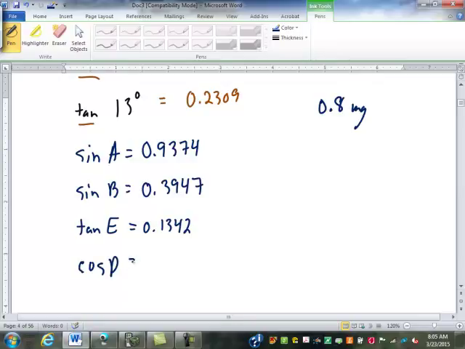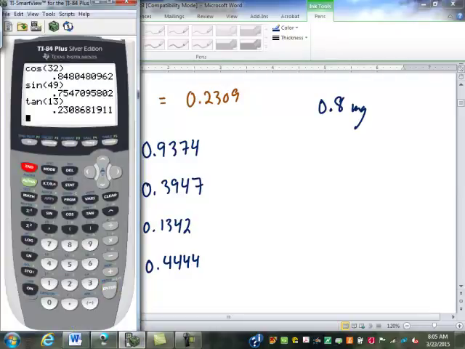Now in this case, do we have the angle? No, we don't. In all four of these problems, we are looking for the angle, which means we have to do what on the calculator? Yeah, we're not using sine, cosine, or tangent. We're using inverse, which is the second key. So for the first one here, sine of A equals 0.9374. To find A, I have to do second sine. X negative 1 on the outside?